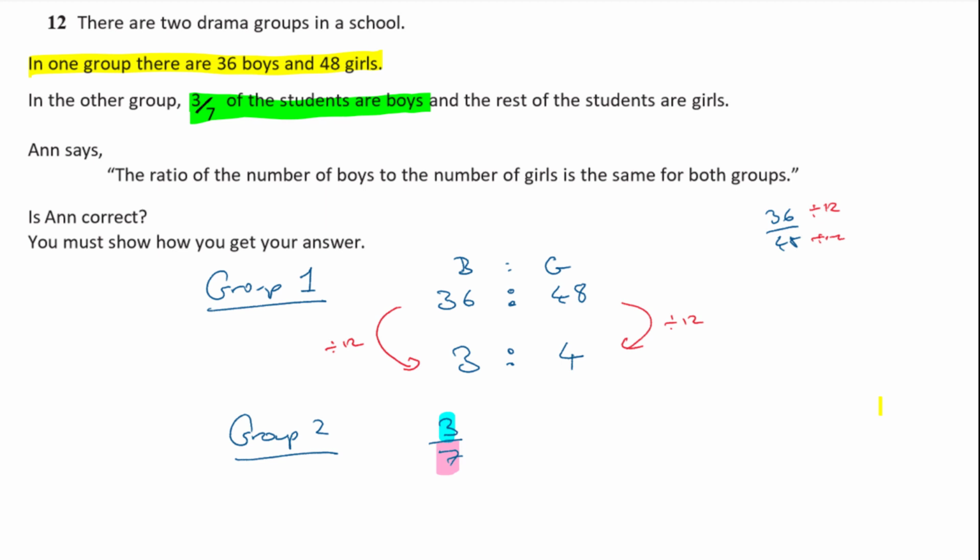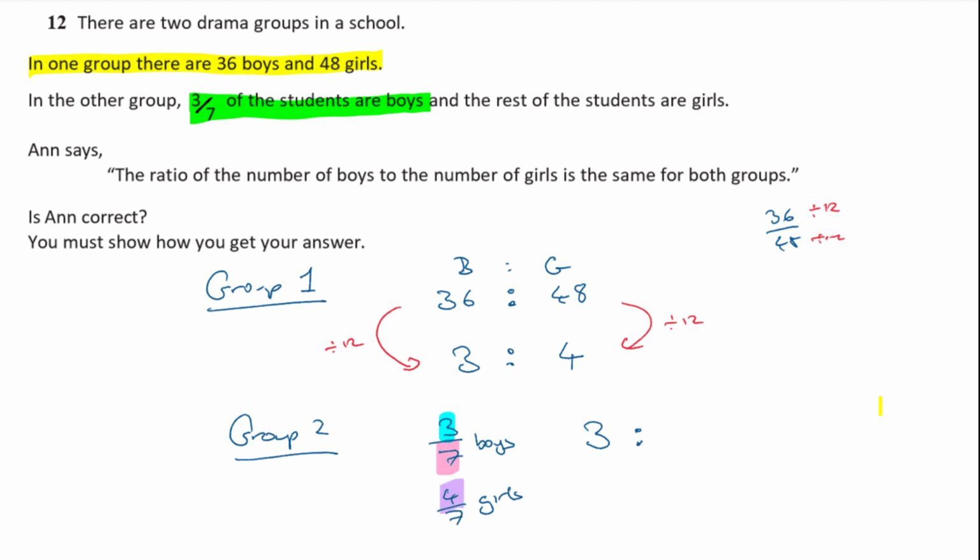So if I've got 3 out of 7 which are boys, how many then are left over out of that 7? There are 4 left over. So if you've got 3 out of 7 boys, you're going to have 4 out of 7 girls then, aren't you? The rest are going to be girls. So 3/7 are going to be boys, 4/7 are going to be girls. So then the ratio of boys to girls is going to be 3 to 4, isn't it?